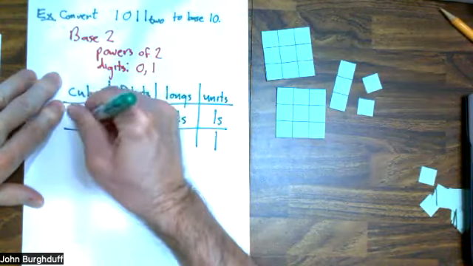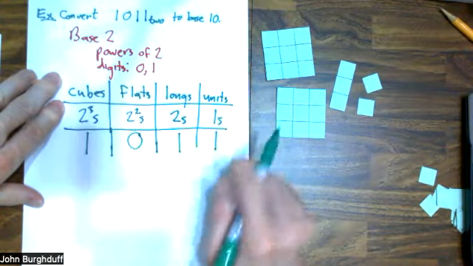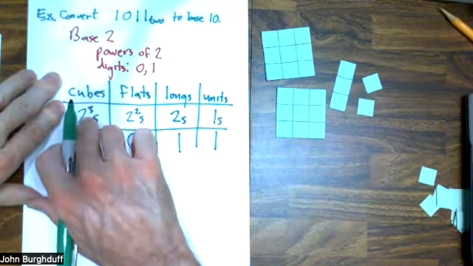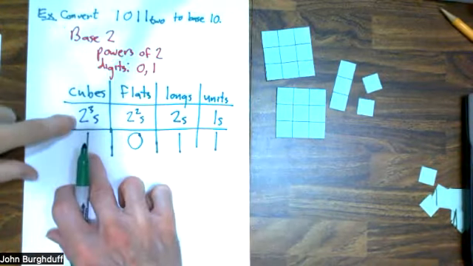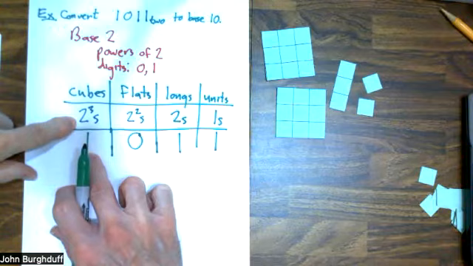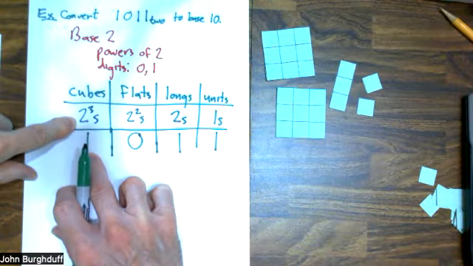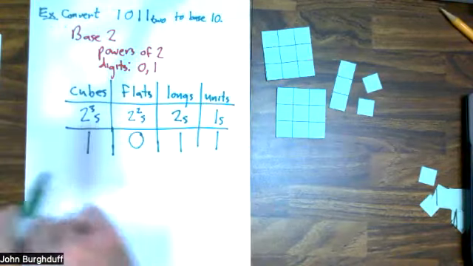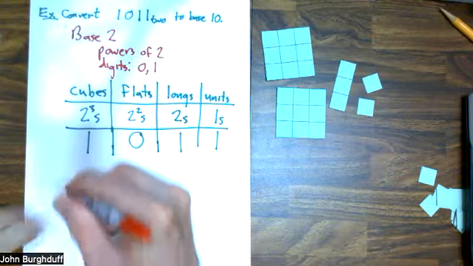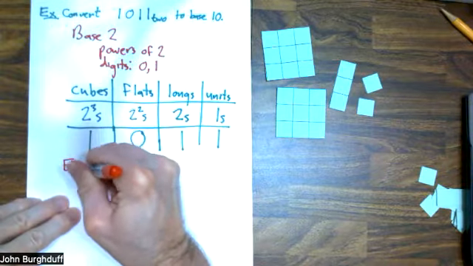And our cubes would be 2 to the third. So 1s, 2s, 2 squareds, 2 to the third. So when we say we have 1 cube, that really means we have 1 2 to the third piece, one piece with 8 blocks in it. No 2 squareds, 1 2 and 1 1. Convert that to expanded form.